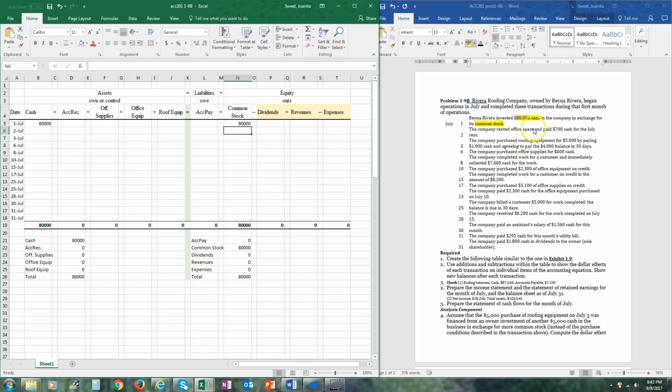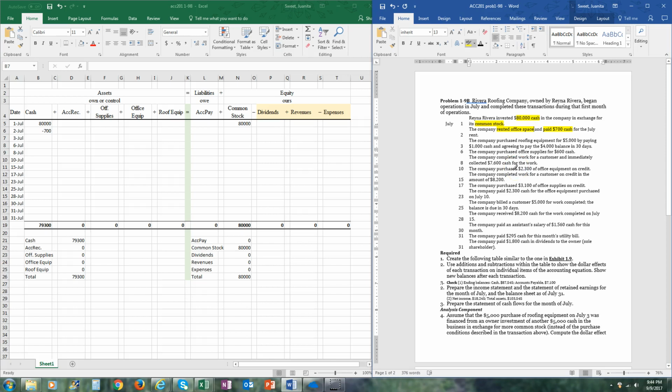The next transaction, rented office space, and we paid $700 cash. The ones with cash make it easier because you know the cash is either coming or going. If I paid, I had to use the cash. So now I want to see, what did I use it for? Well, if I rented office space, then I would be looking at the rent. I don't have a purchase of an office, so this is going to be an expense.